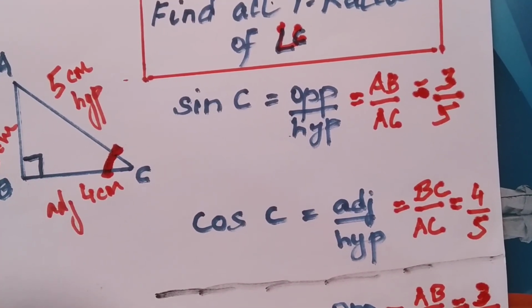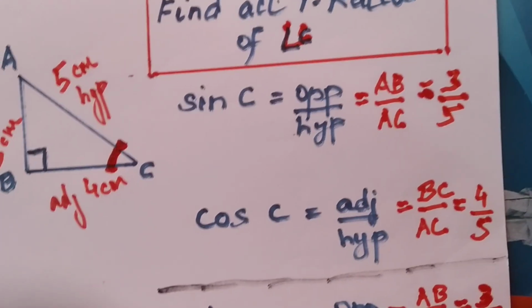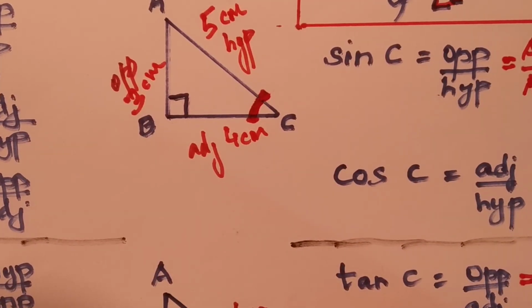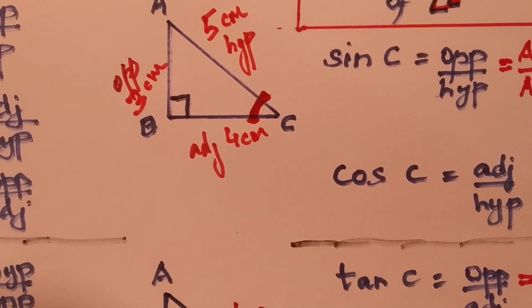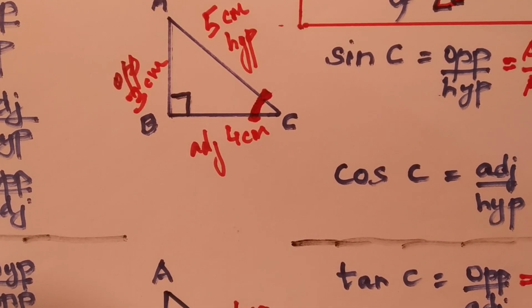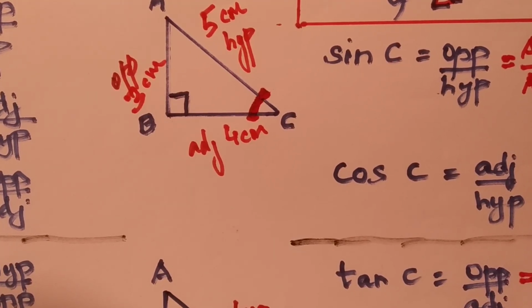Same way here, I can either look at the figure and do it. I know this is 5, this is 3, and this is 4. So you can look at the figure and do it, or since you have the sine, cos and tan, you just have to take the inverse. So 3 by 5 is sine, so cosec will be 5 by 3.